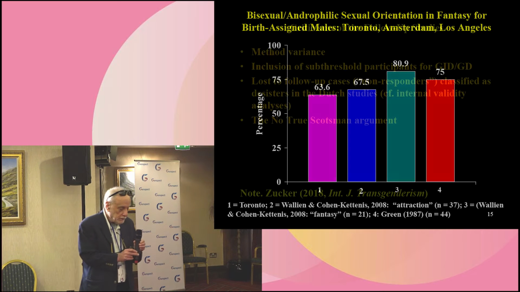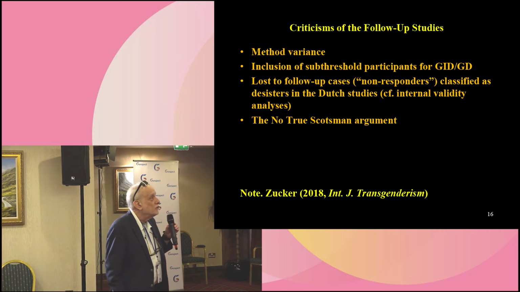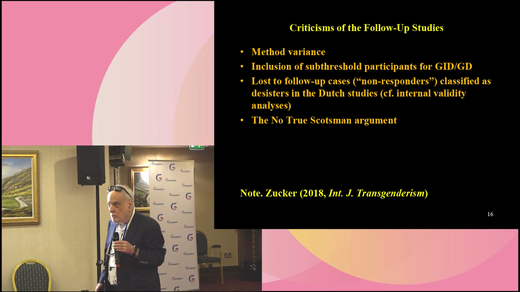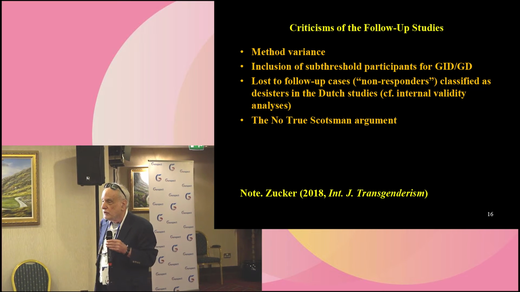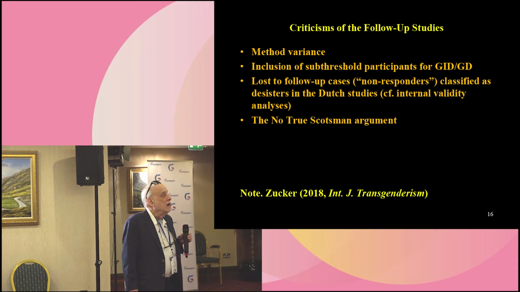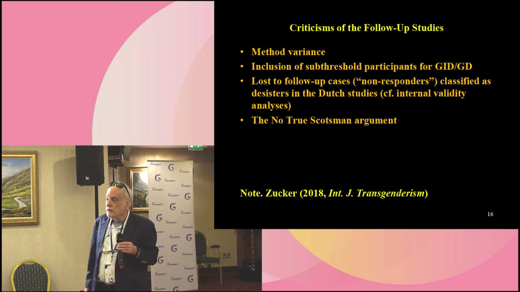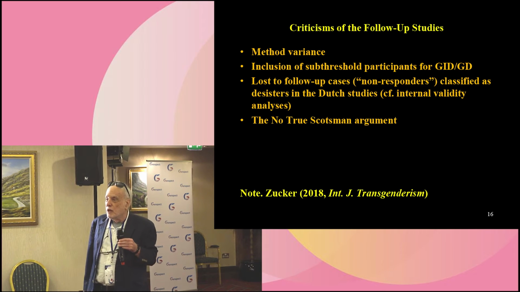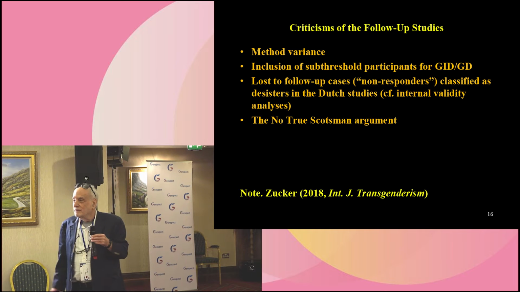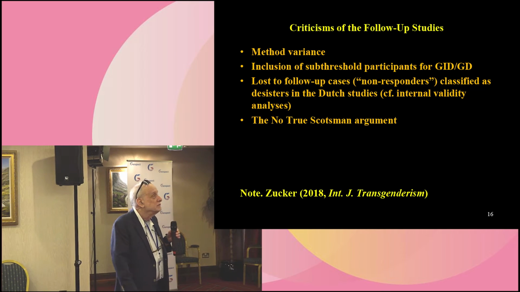Now, we get into the meat of some things. Criticisms of the follow-up studies. Some people hate these follow-up studies, and I'll say why in a minute. But one criticism could be method variance, which is reasonable. In the early studies, there weren't standardized measures. There wasn't even a diagnosis. That's fine.